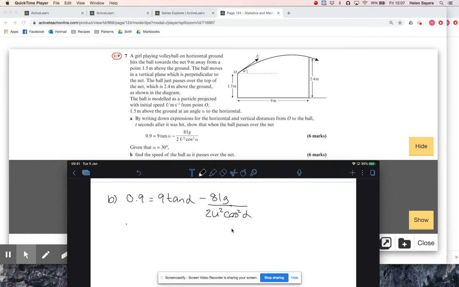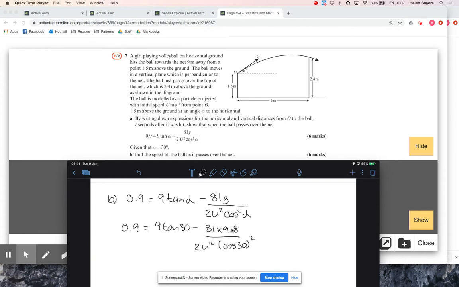So let's do that. So 0.9 is 9 tan 30 minus 81, g is 9.8, over 2u squared cos 30 all squared. So I'll just write it like that, so you're careful putting it into your calculators. So I think I will sub those values in now and then rearrange.